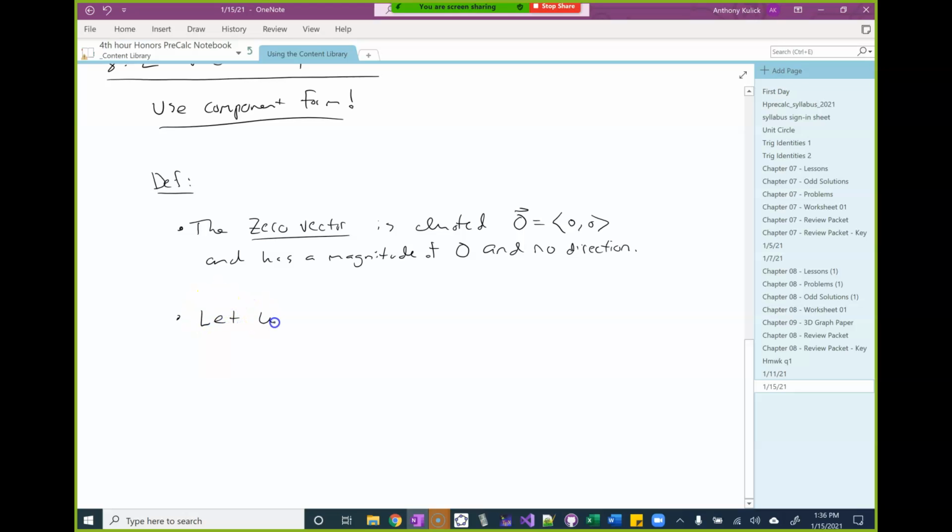So next definition, we're going to let U be the vector U1, U2, and V be the vector V1, V2. I apologize that my U's and V's look similar. My U's definitely have a tail, my V's do not. So we say the sum, or some places use the term resultant.